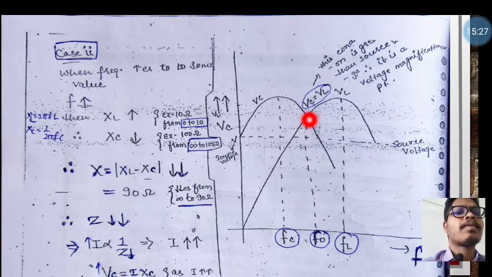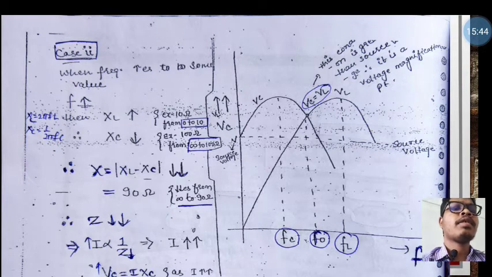This is the maximum condition where VL is equal to Vc. Before F0, the circuit behaves like a capacitance. After F0, it behaves like an inductive circuit. So this is the frequency line and this is the voltage line.